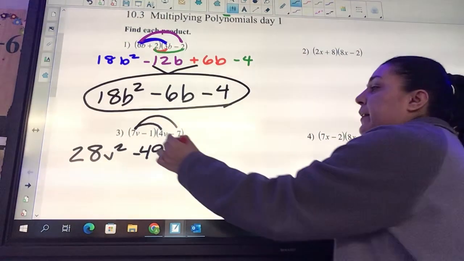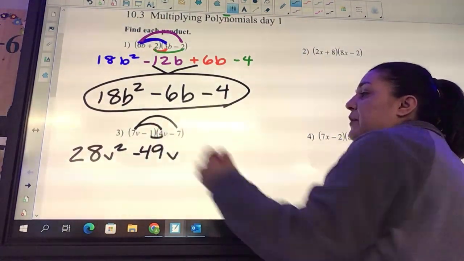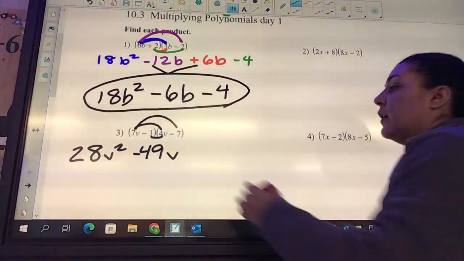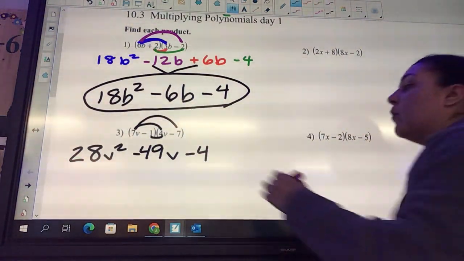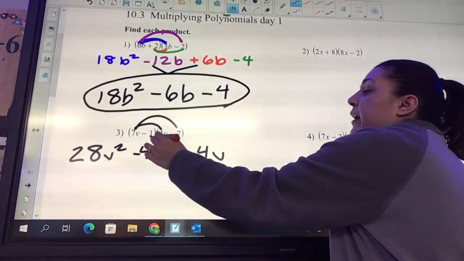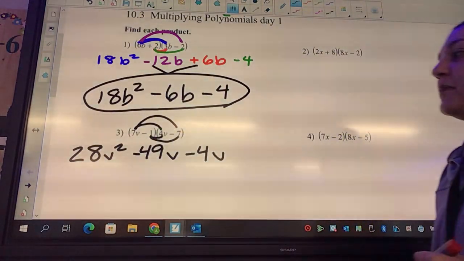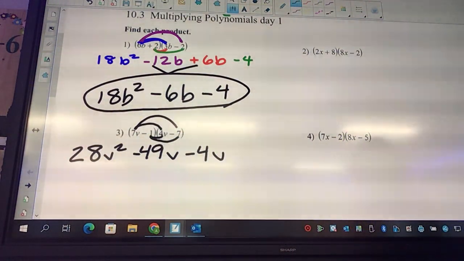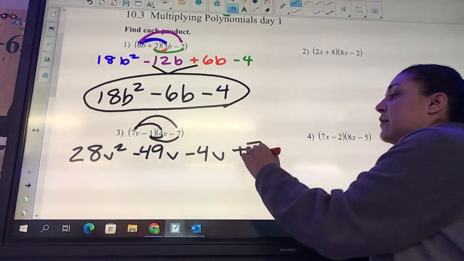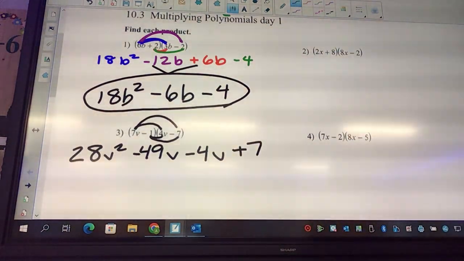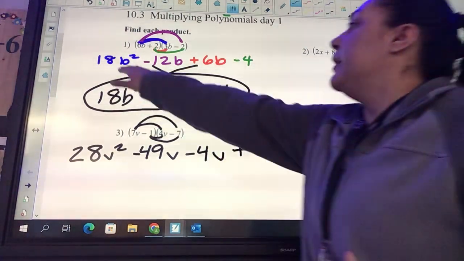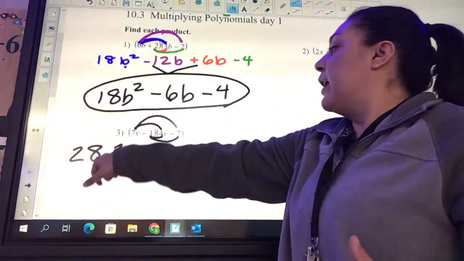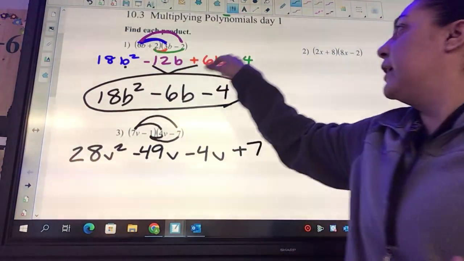Then we can multiply the inner. -1 times 4, -4. How many B's? 1. And then you're going to multiply the last. So -1 times -7, 7. How many B's? None. Now, I do not want you to get in the habit of thinking that every time it's going to be B2, then B, and then none.